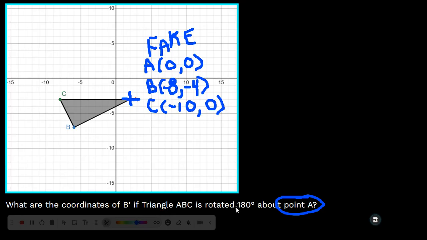So when it comes to rotating 180 degrees, we're going back to our rotation notes on page 34. Remember, counterclockwise or clockwise, we have 2 questions when it comes to how to rotate. The first question is, do we swap X and Y?